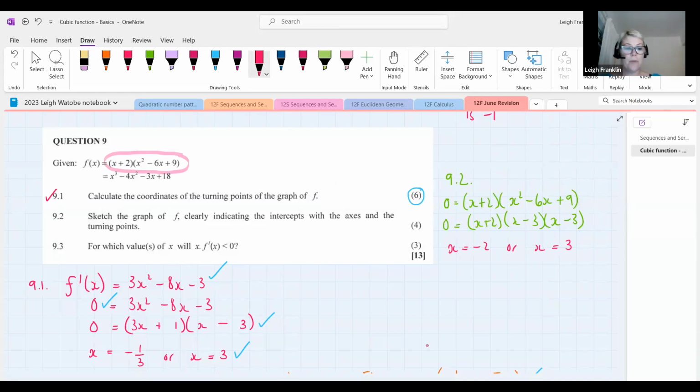Because 3 is an x-intercept, the y-coordinate is going to be 0 over here. So all we have to do is calculate what f of -2 is by subbing that back into the original.